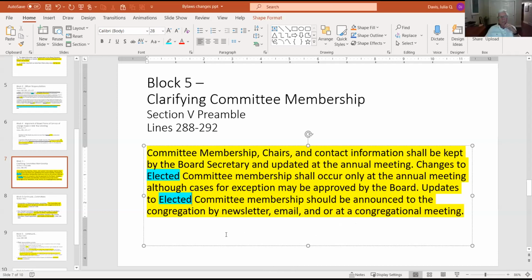Okay, one comment. In the bylaws, those are called standing committees, not elected committees. Right. Versus the ad hoc committees that the board deals with. So I would suggest changing it to reflect the bylaw terminology.